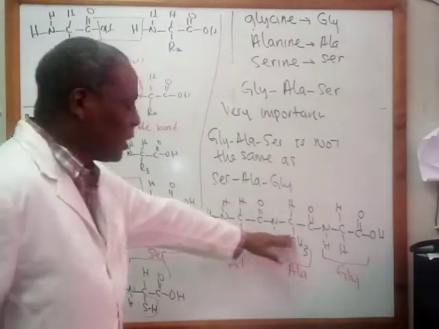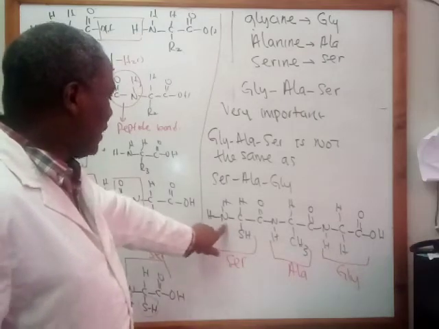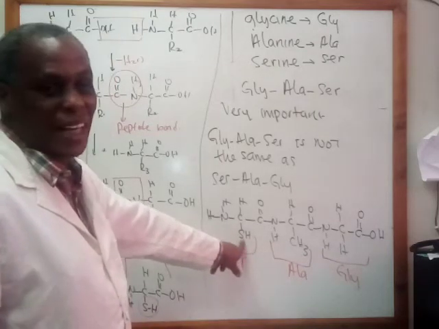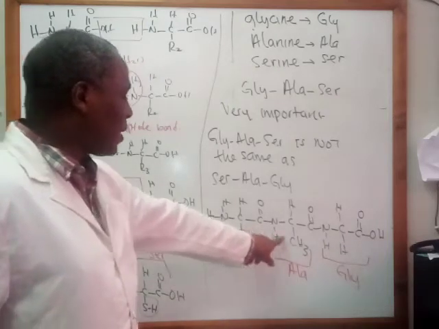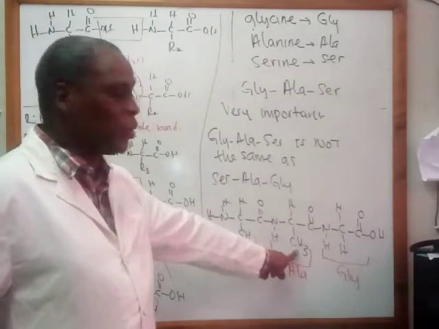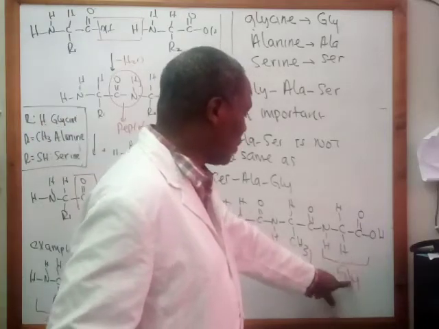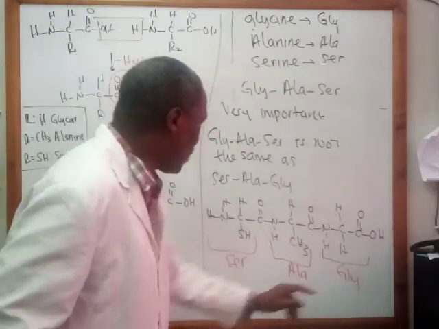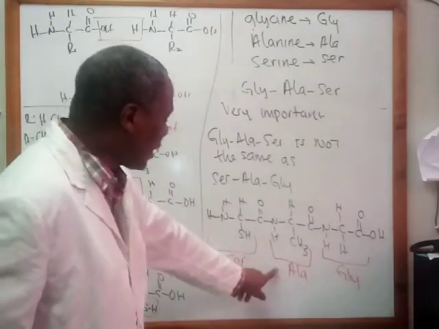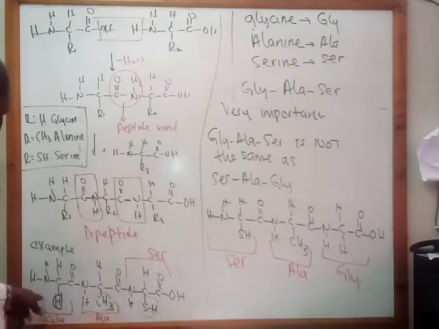Can you see here that the first amino acid has R is SH, which is serine. The next one is CH3, which is now alanine. The third one is hydrogen, so it is glycine. So this is serine joined to alanine joined to glycine. Can you see the structure is different here?